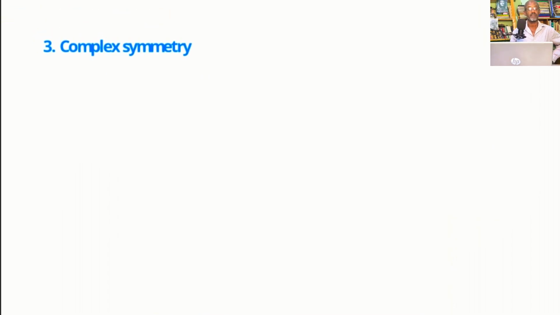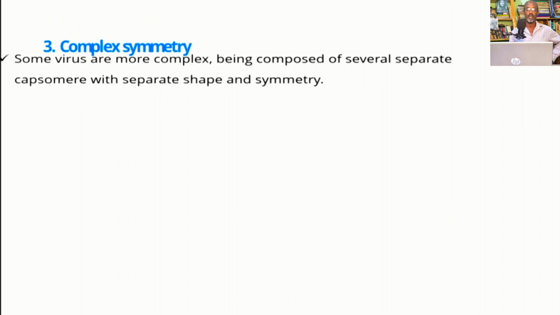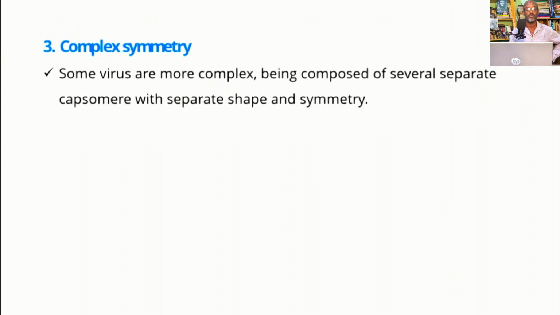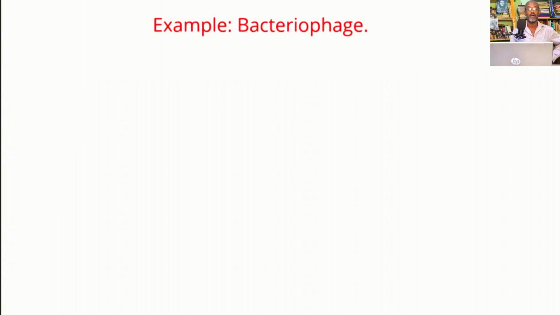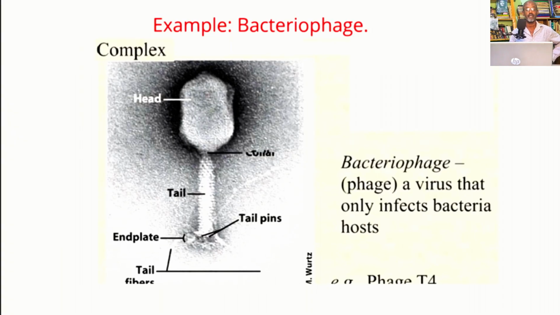And the last symmetry is complex symmetry. Complex symmetry combines the two and some other features. Some viruses are more complex, being composed of several separate capsomers with separate shape and symmetry in different regions of their structure. They do not have either icosahedral or helical symmetry due to the complexity of their capsid structure, and bacteriophages are typical examples.